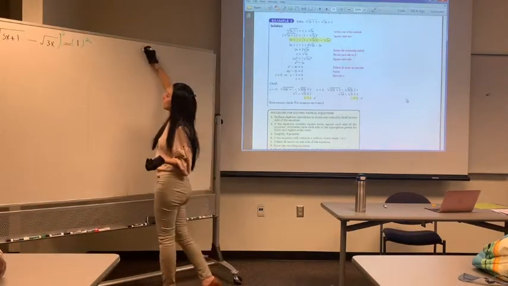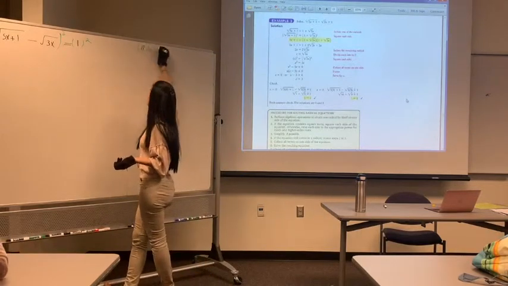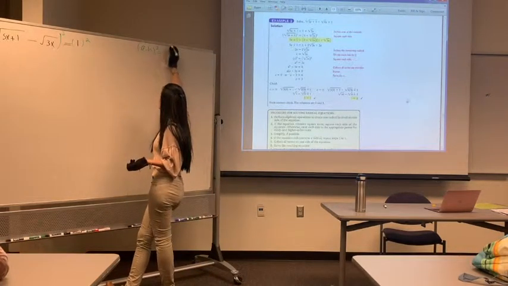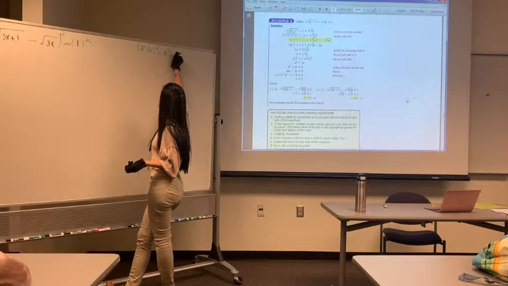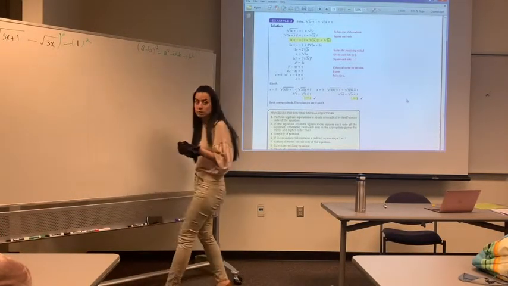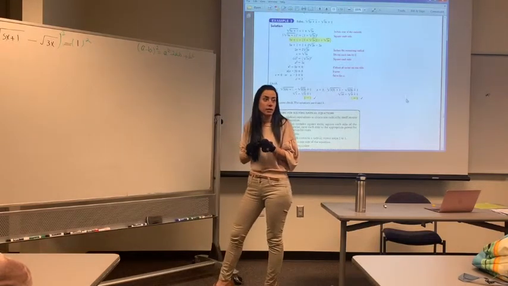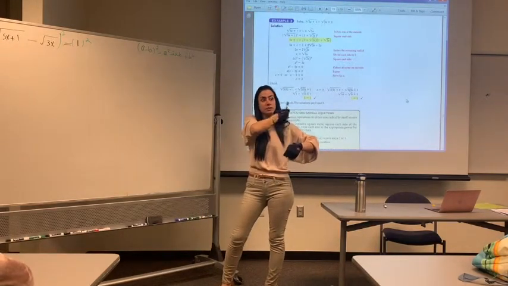So it means we have a minus b to the power 2. We should write down a squared minus 2 times ab plus b squared. One radical is a, another radical is b.